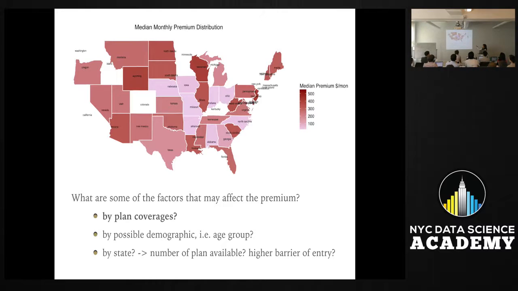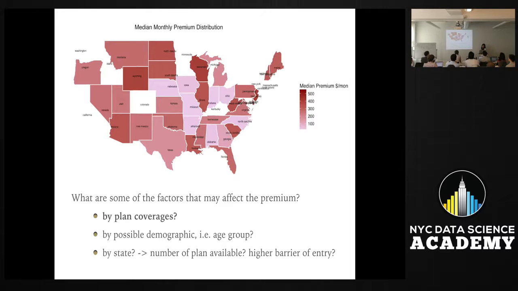You can notice some white space, like California and New York. Those are actually state-based marketplaces, which means they don't participate in the federal healthcare marketplace. So unfortunately, New York has its own. This might not apply to all the residents of New York, but you can still get an overview at the federal level.